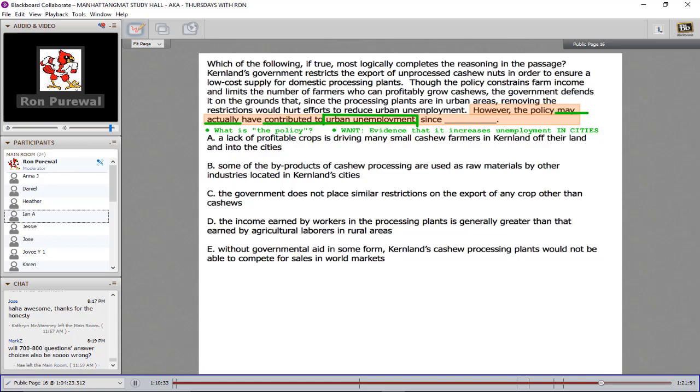The policy is to restrict the export of unprocessed cashews so that they can go to the processing plant. That's the policy.